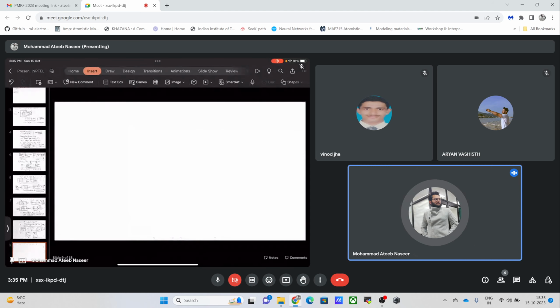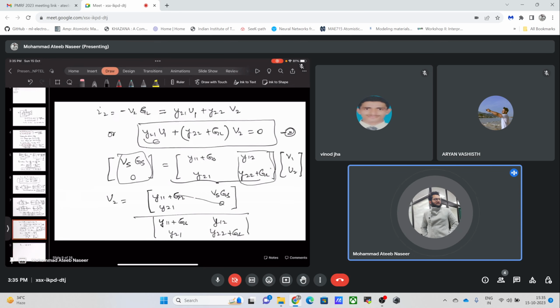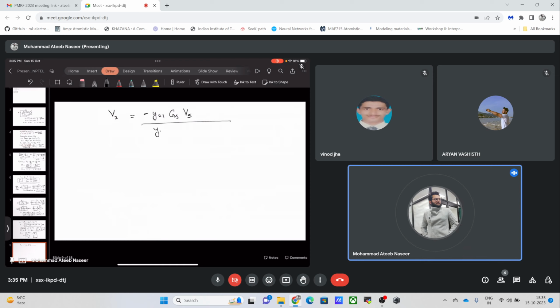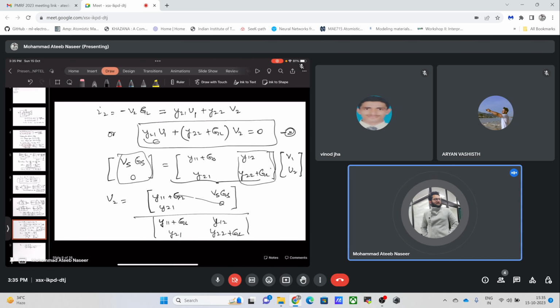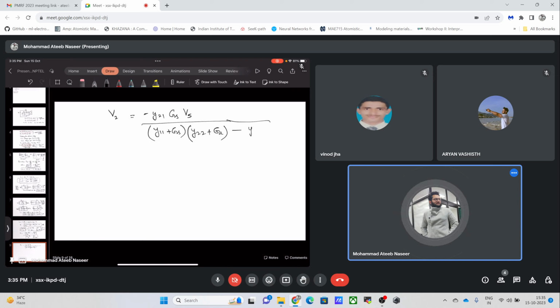So V2 would be minus y21 Gs into Vs, and in the denominator we will have (y11 plus Gs) into (y22 plus GL) minus y21 into y12.